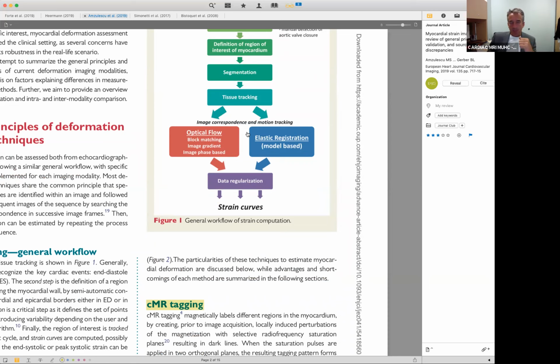So that's basically an optical flow approach. And the other one is the elastic registration. That's based on a model. So if the contour of the myocardium goes from A to B and changes its shape like this, then each of these pixels must have behaved like Z. That is the basic approach of these two different techniques.